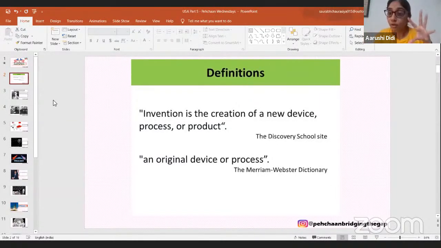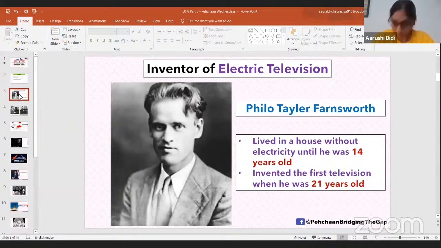But today we will be talking about inventions, things that have not existed before, that were made by thinking, by planning, by trial and error, by a lot of hard work. Okay? Everybody with me? Has everybody understood what an invention means? Yes, great. Next slide. Okay, so our first and most important invention of today is the electric television, our TV, right?